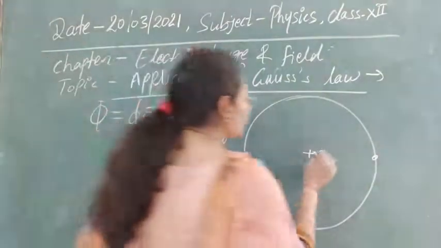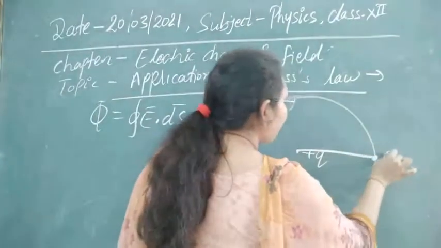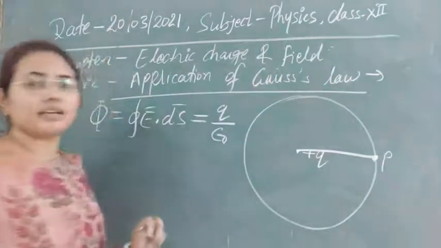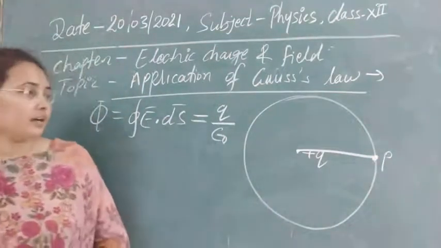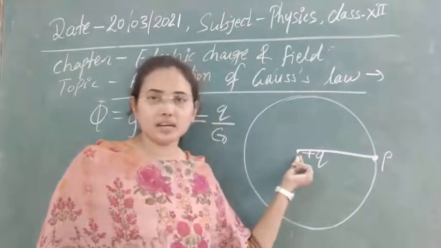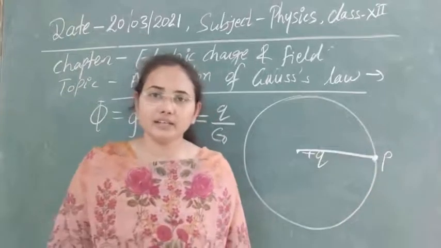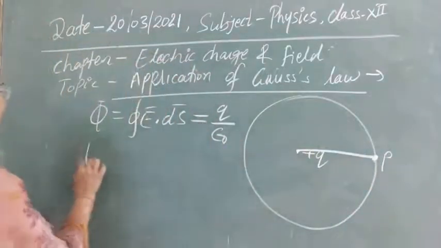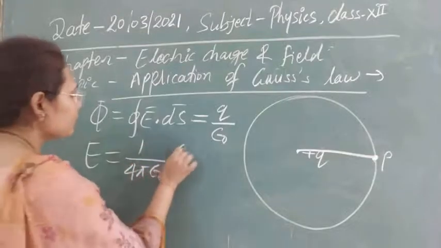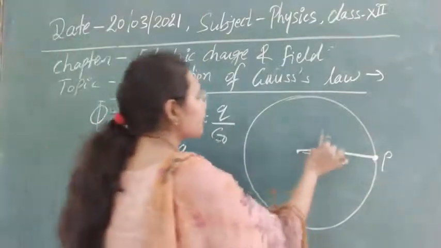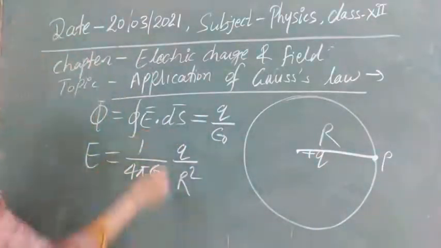Now we know that the electric field due to any point charge at any point P, suppose a point P on this Gaussian surface, is calculated as 1 upon 4 pi epsilon 0 times q divided by r square, if r is the radius. Now we can expand this one.